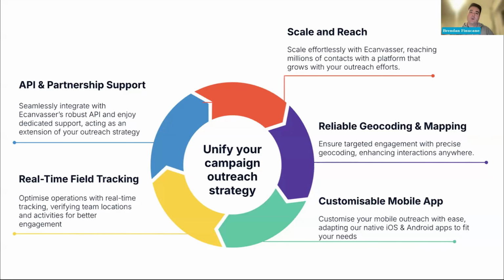That has enabled us to build mapping features that are really reliable and precise. And we have native iOS and Android canvassing apps which you can customize with a drag and drop, no code app builder, so you can drag over the fields you need and adjust it to fit your needs.